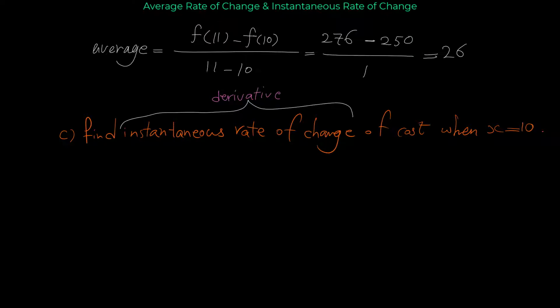Sometimes we say derivative shows the slope of the curve. Sometimes we say derivative is the slope of tangent line. And derivative has this important interpretation: rate of change or instantaneous rate of change of the function. So when we want to find instantaneous rate of change, we have to find derivative of the function.